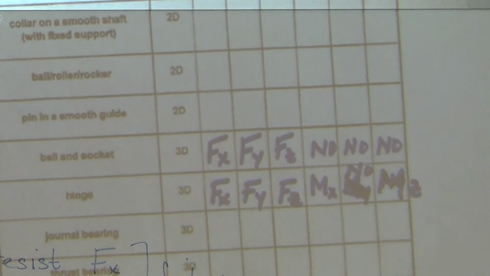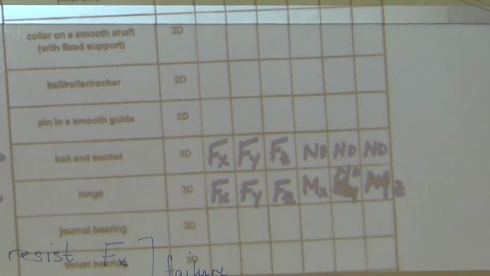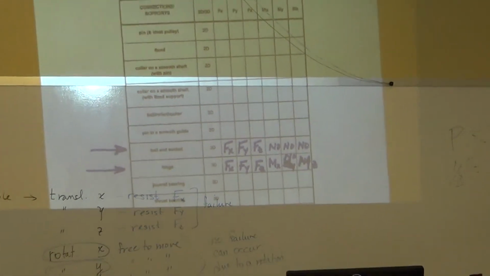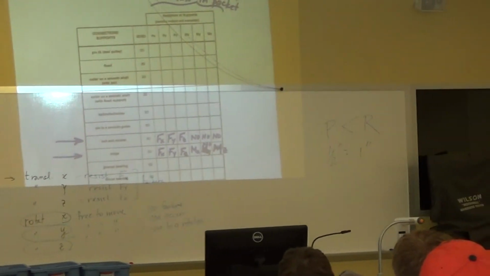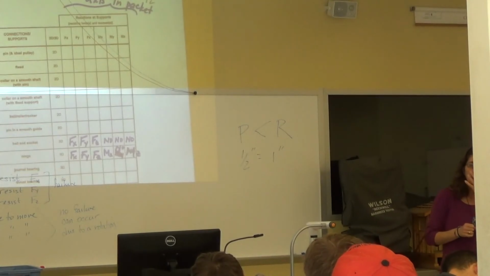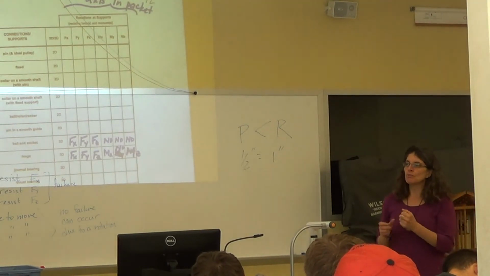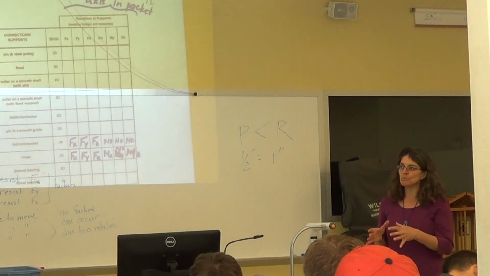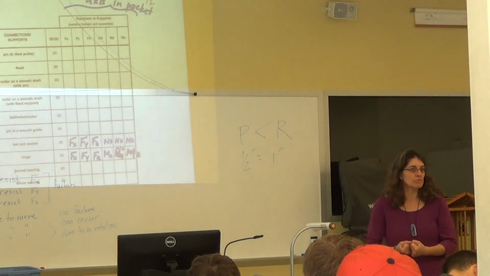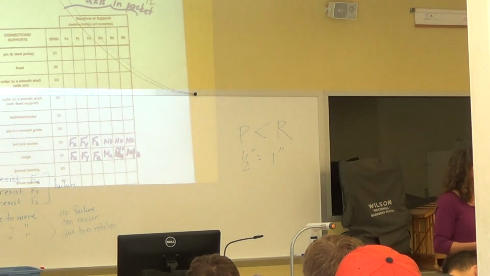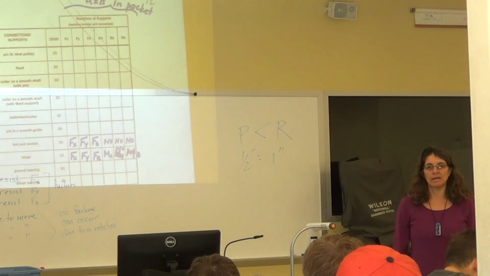The goal of my shoulder is to resist the forces in all three directions, right? But it's not supposed to resist any kind of motion. So a reaction at a support is the force or moment that it's trying to resist to be a successful connection. And if it doesn't resist them, then it winds up breaking.